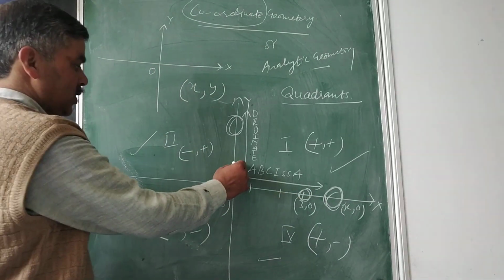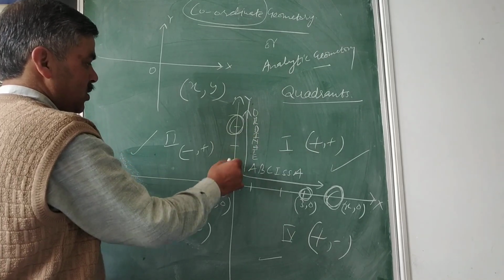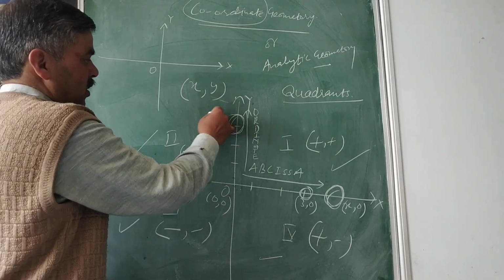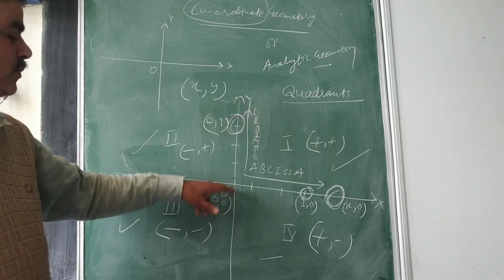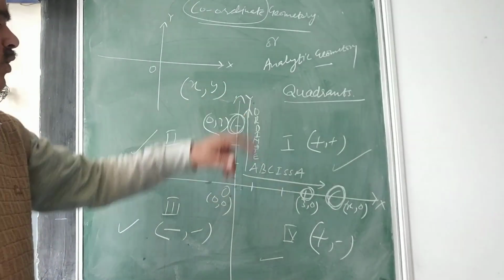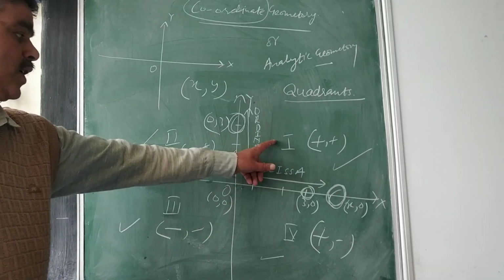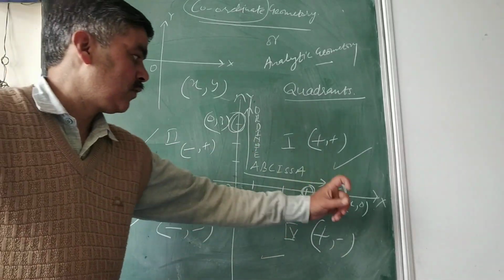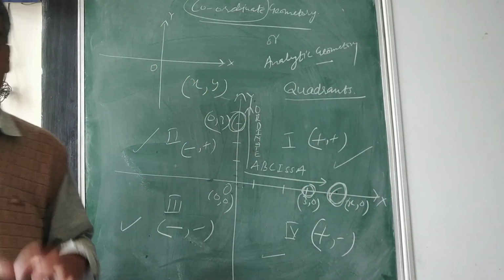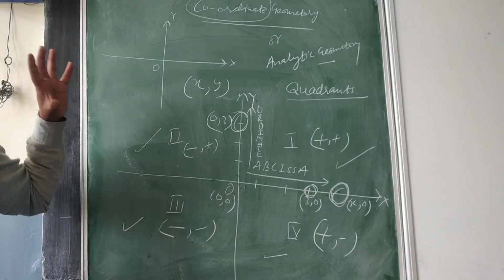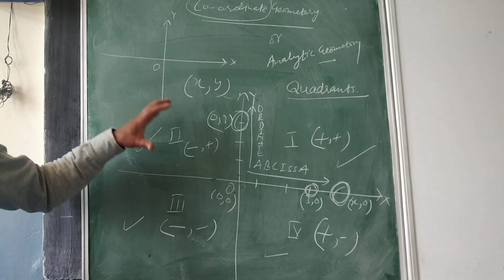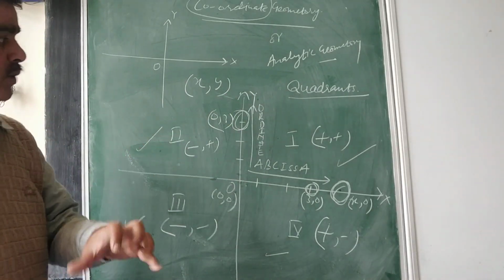And here suppose it is 1, 2 and 3, so this is 0 and 3. When your x is 0, then that set of coordinates will always be lying on the y-axis. So 1, 2, 3, 4, 5 and 6. 6 possibilities are there to locate a set of coordinates in this plane according to my syllabus.